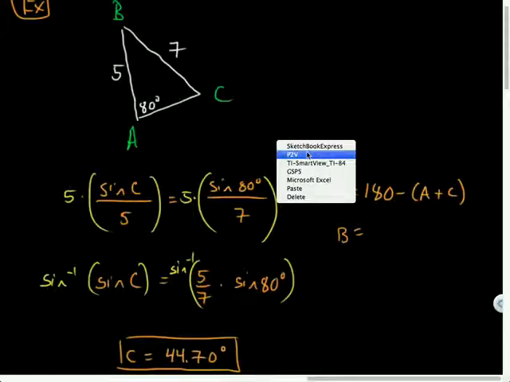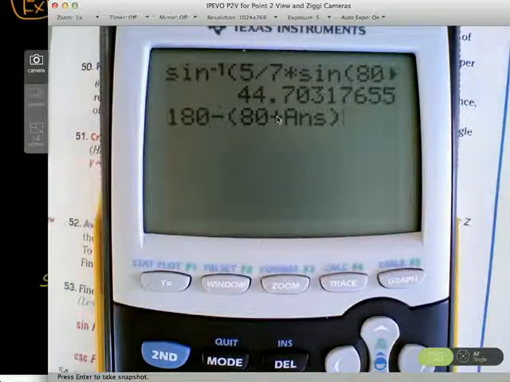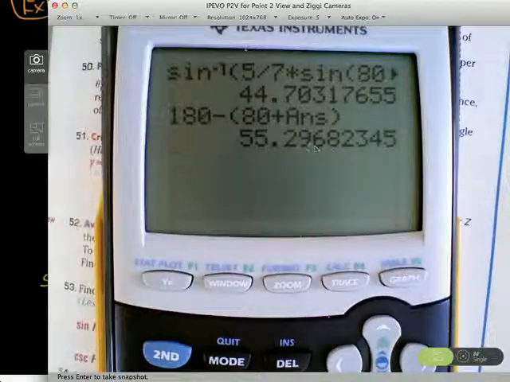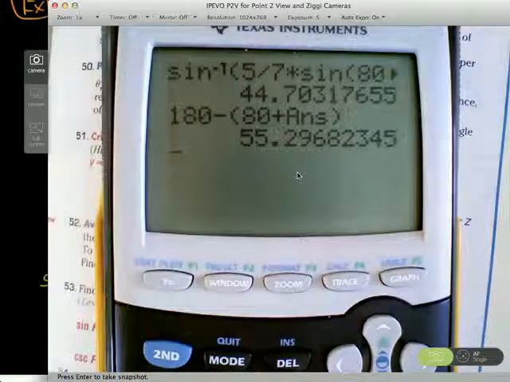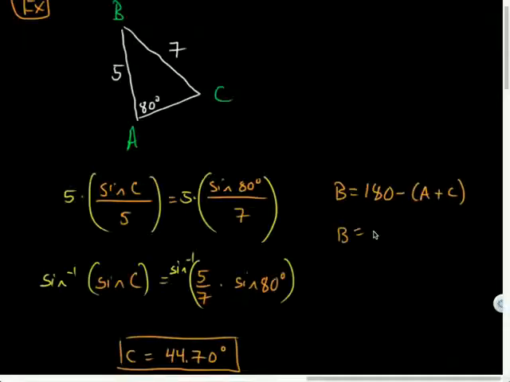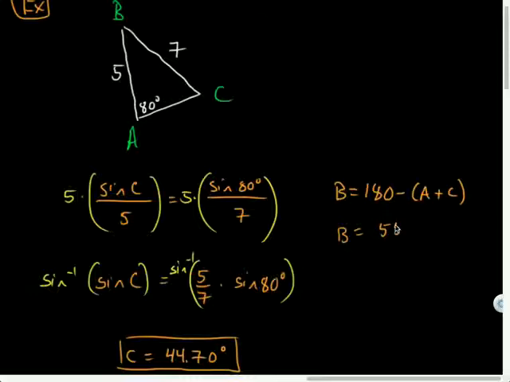Just to show you I plug that in, being clever, I put parentheses around that 80 plus second answer, so I'm getting all the decimals there and don't have to re-enter them. So 55.3. What do I round that up to if I want 2 decimals? 30. Without the 0, you technically aren't communicating 2 decimals. 55.30. So there's angle B.